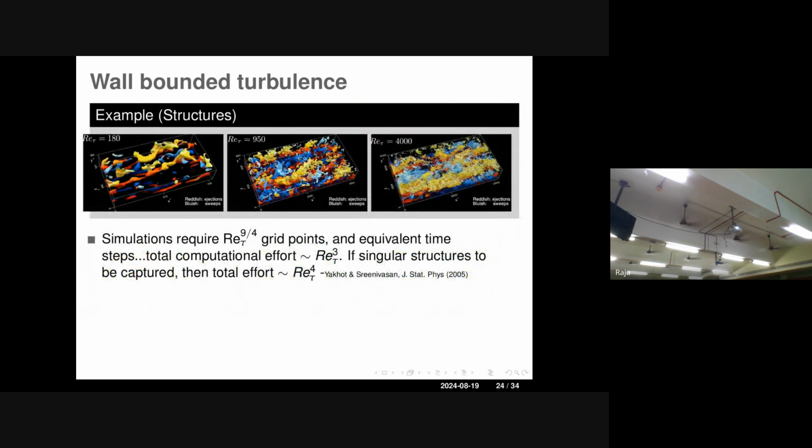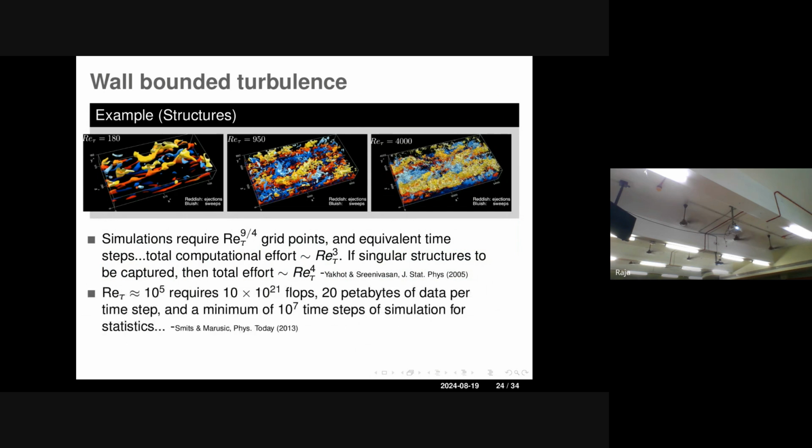However, simulating Reynolds numbers based on wall friction, such as 180, 950 and 4000, requires grid points like Re tau to the power 4. That means something like 1 billion points are required to simulate this kind of turbulent wall statistics.